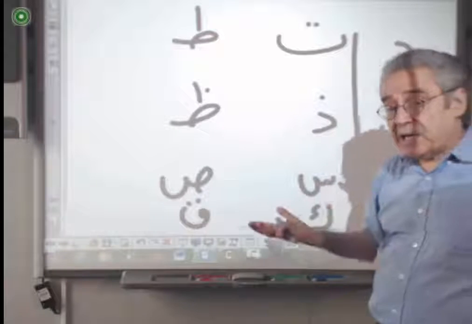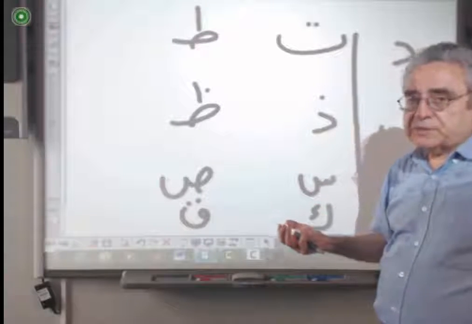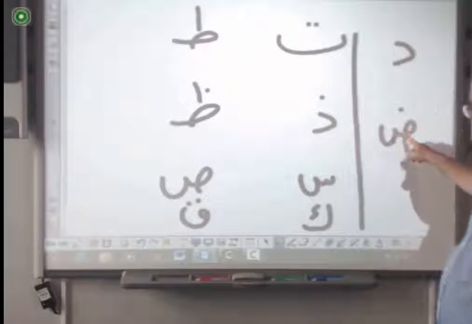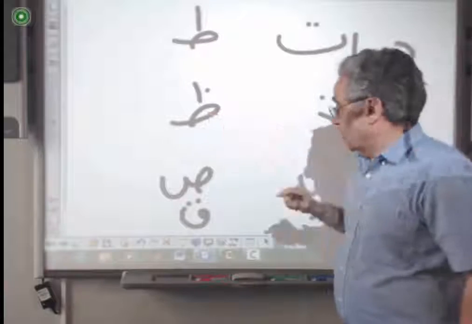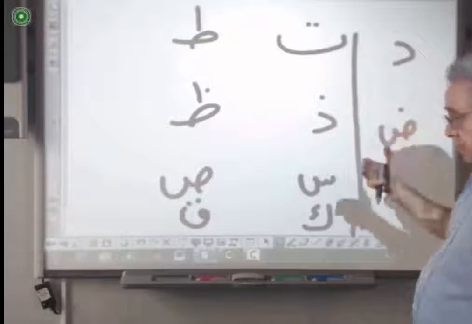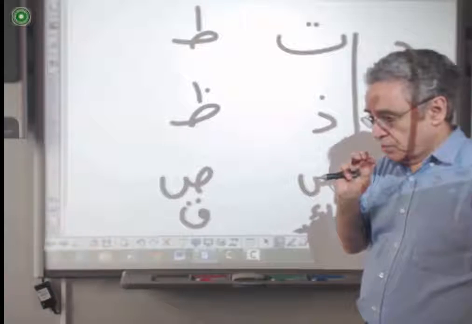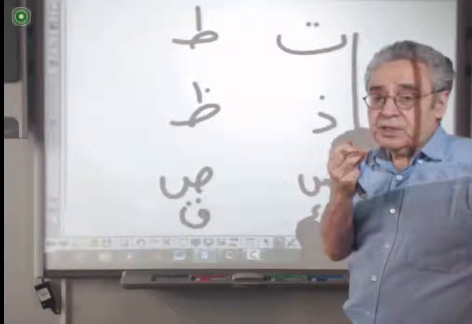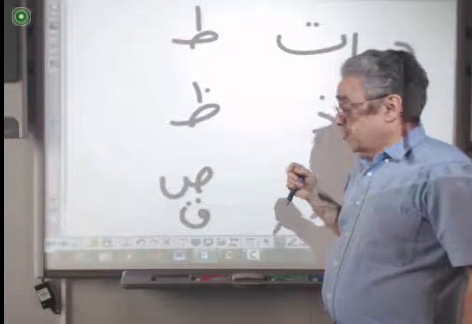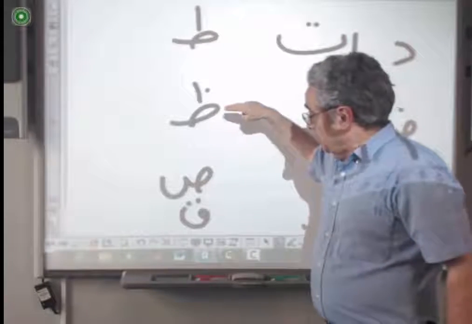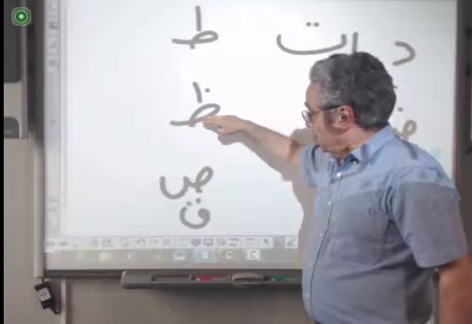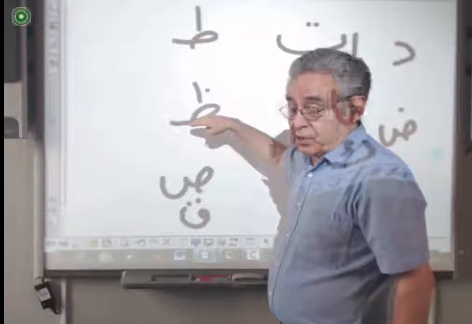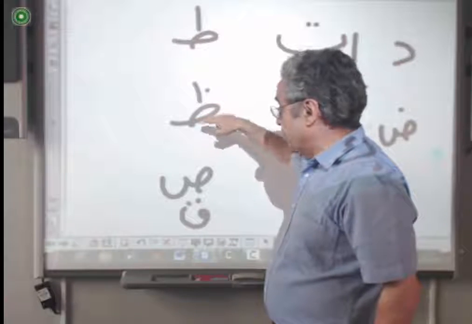Maybe you can look at also the dal and dad. Say dal, dad, dal, dad. Maybe there is a similarity between dad and da, but this is a letter where we don't stick out the tip of the tongue, like what we do here, because we push the tongue against the edge of the front teeth, as you see.